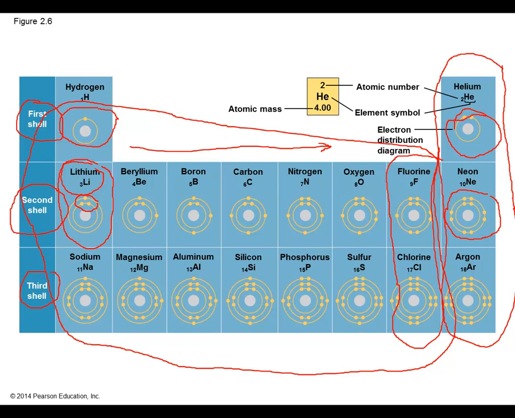One other thing to note here is as we're filling up the second and third shells, moving from lithium, you move to beryllium. Instead of pairing up with the first electron, it's a loner.